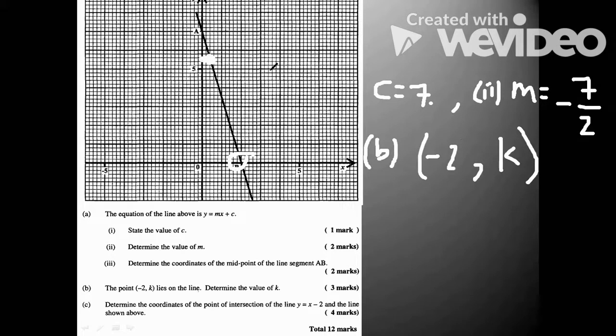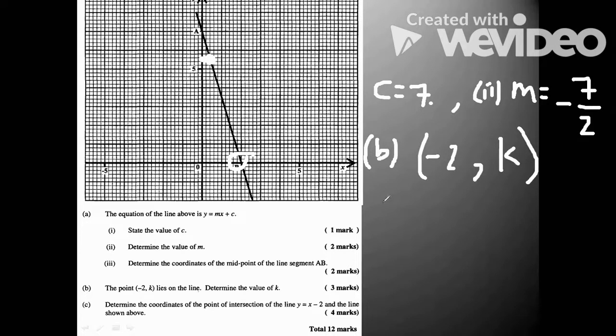We want to find the value of k, knowing that this point is on the line. So we can use the equation and a point to work out the other value.